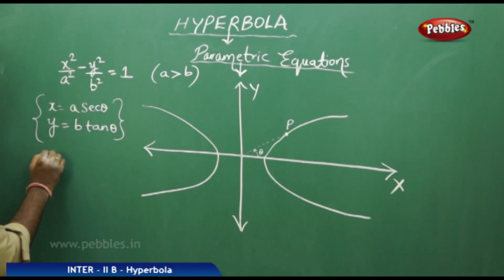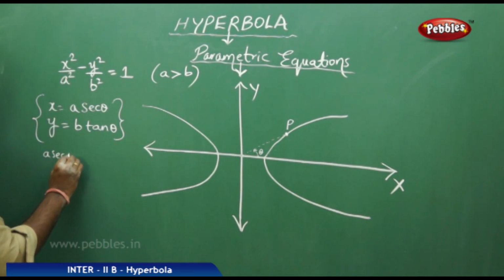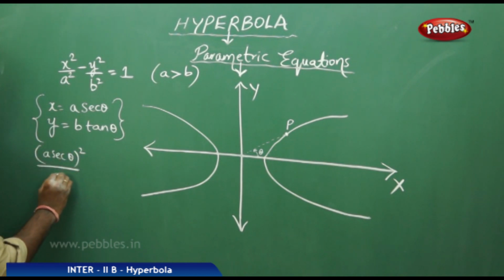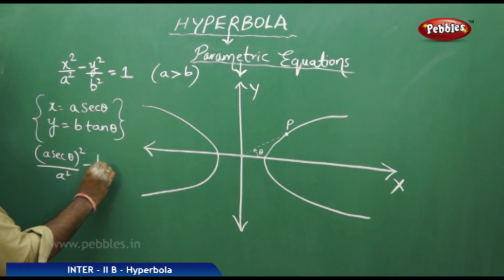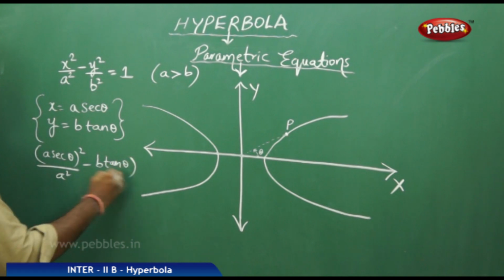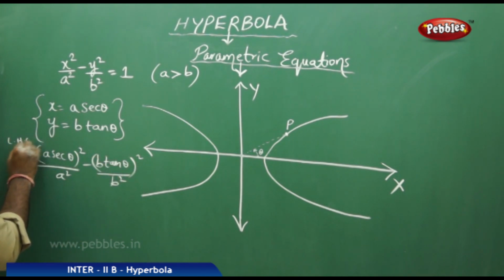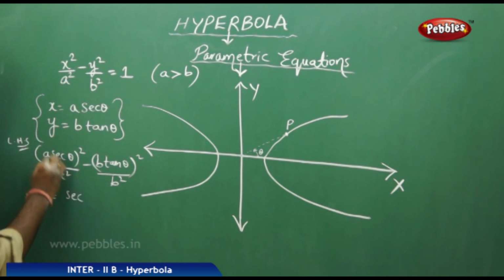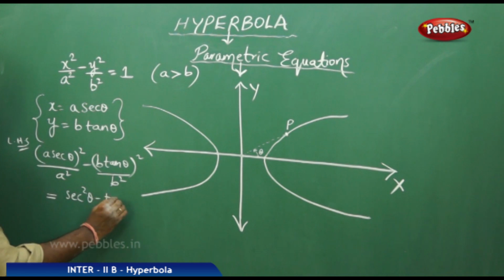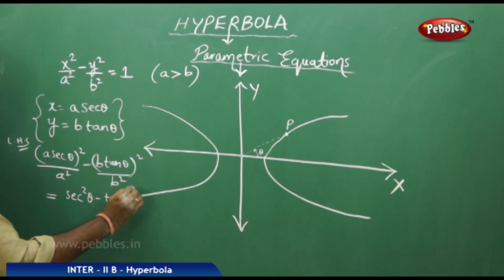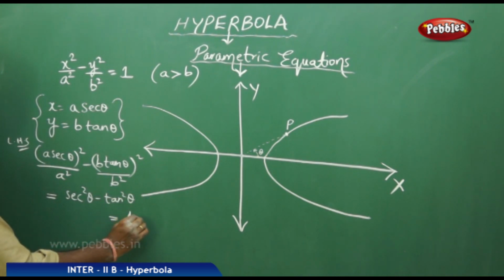then these two parametric equations clearly satisfy the hyperbola equation. When substituted, x as a secant theta whole squared by a squared minus b tan theta whole squared by b squared, which is the left hand side, gives us a squared by a squared cancelled, secant squared theta minus tan squared theta, which is equal to 1.